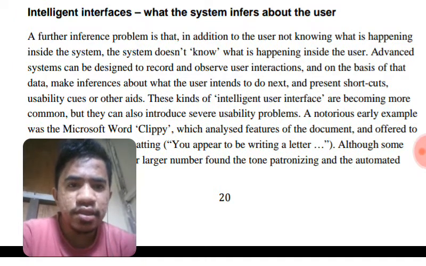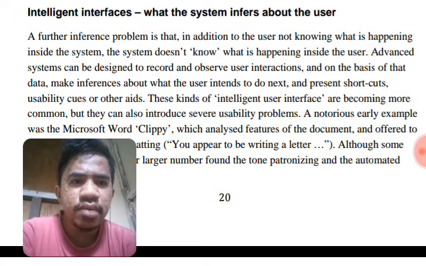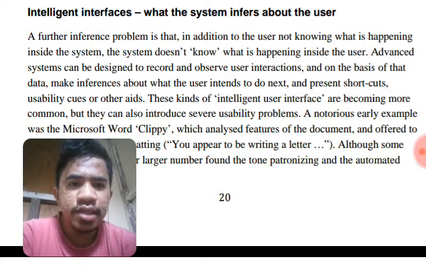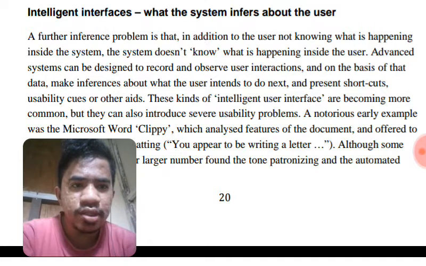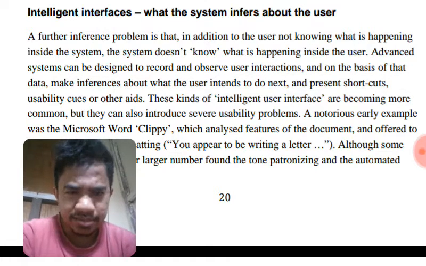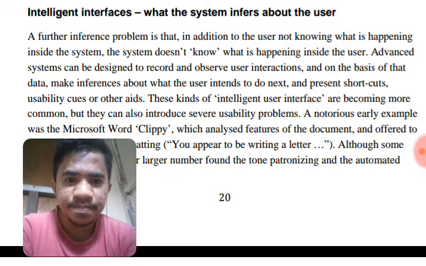Intelligent interfaces: what the system infers about the user. A further inference problem is that, in addition to the user not knowing what is happening inside the system, the system does not know what is happening inside the user.